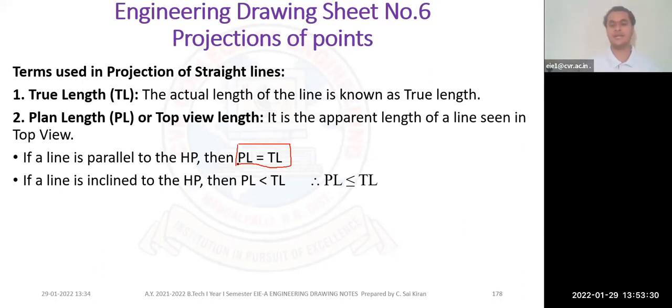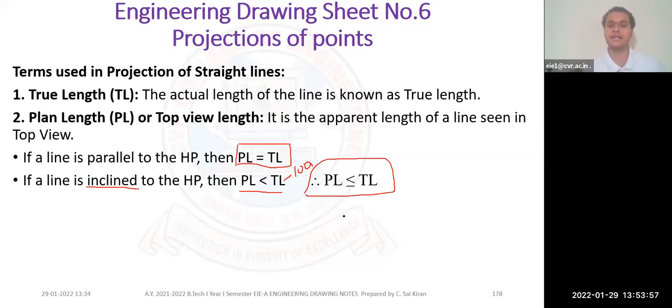Whenever a line is inclined to HP, then plan length is less than true length. True length is 100 mm, and the plan length will be reduced. So we can say that plan length will be less than or equal to true length.